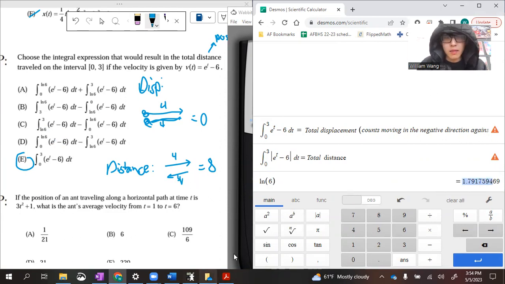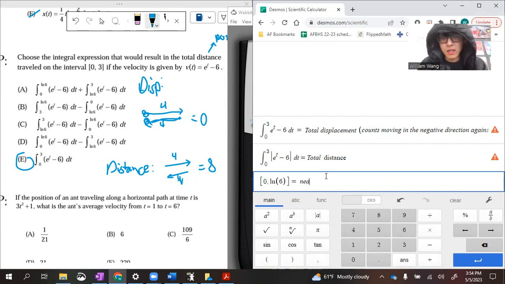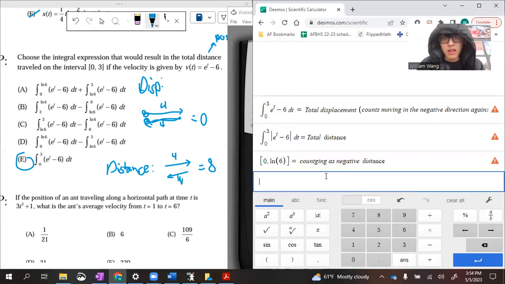So basically from 0 to ln of 6, I have negative velocity, so it's counting as negative distance. And afterwards, from ln of 6 to 3, I'm cool. I'm counting as positive distance.